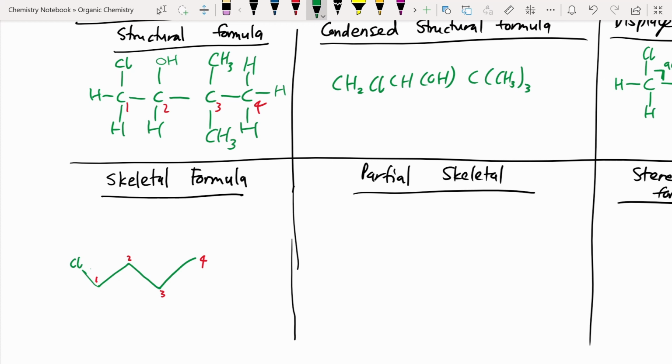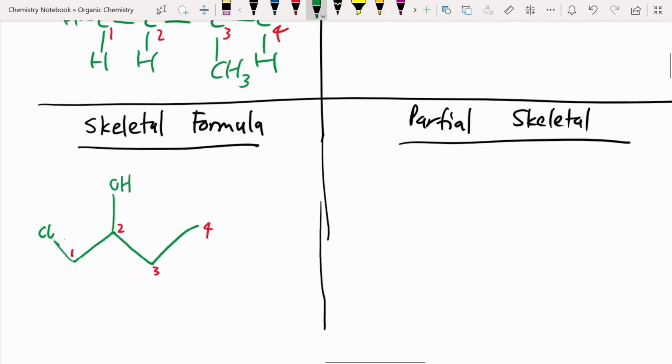So the first carbon is just chlorine. Second one, you will have an OH group right there.